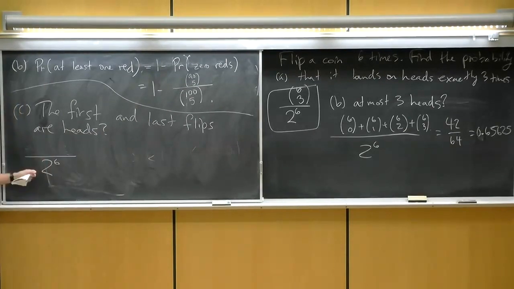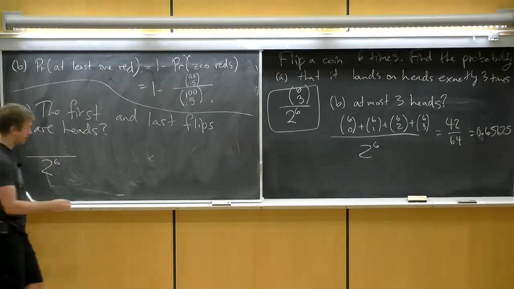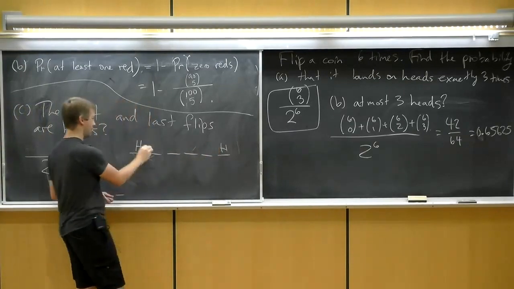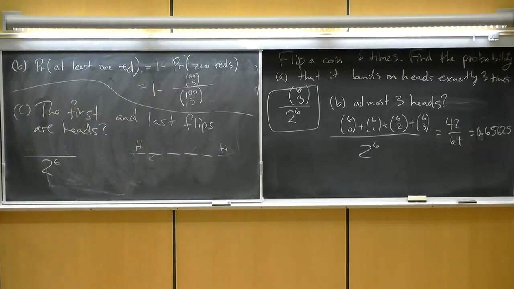I'll do the first step. Again, dividing by 2 to the 6. What's the top going to be? The numerator? Any thoughts?